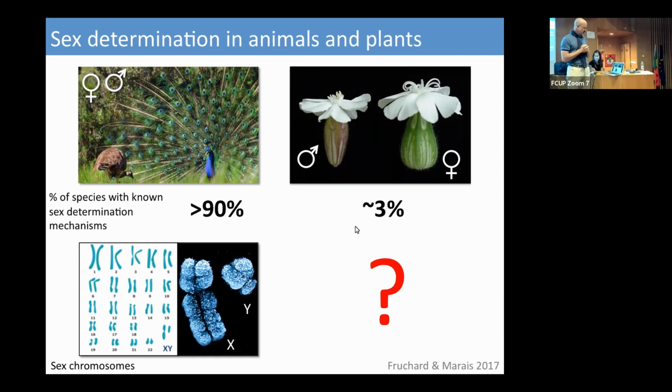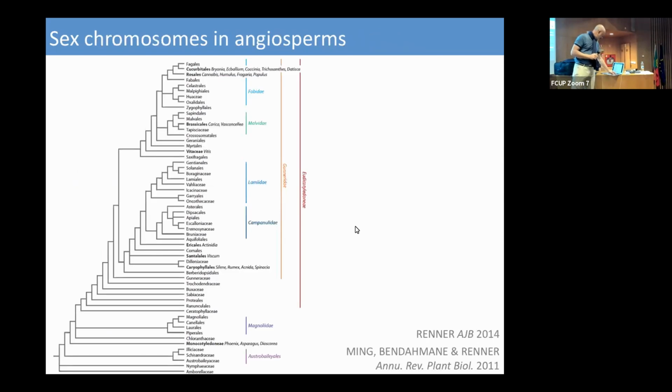But we know very little about these sex chromosomes, and because it's so few species, we don't know whether sex chromosomes are widespread or not among dioecious plants. So really there is a very different situation when it comes to sex determination in animals and in plants. In animals, we know a lot of things. In plants, we know almost nothing.